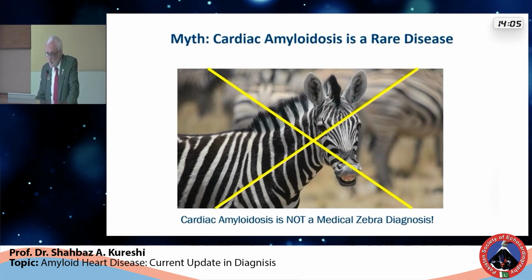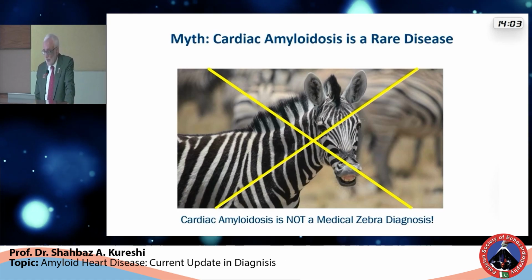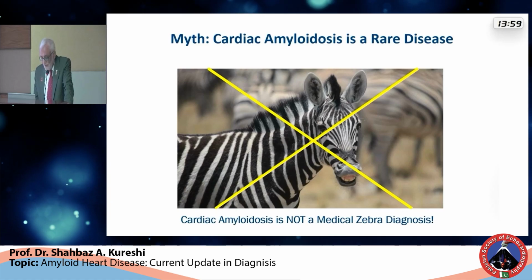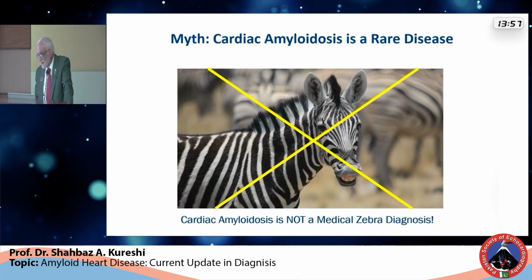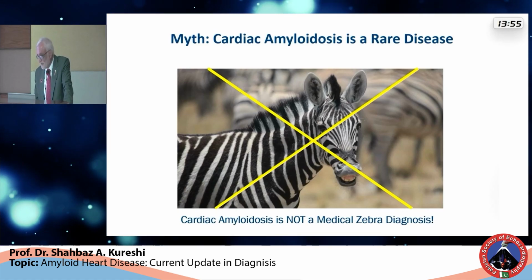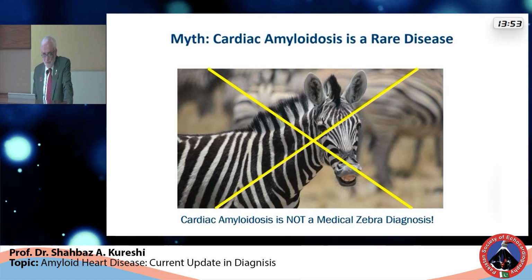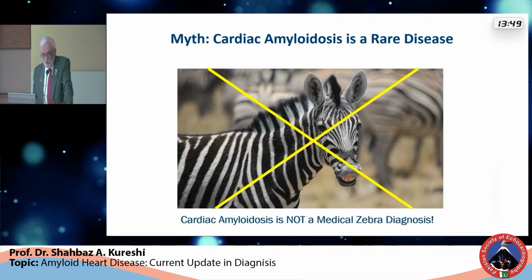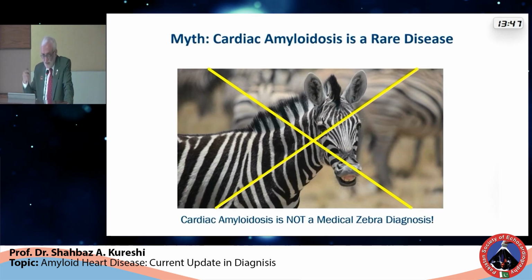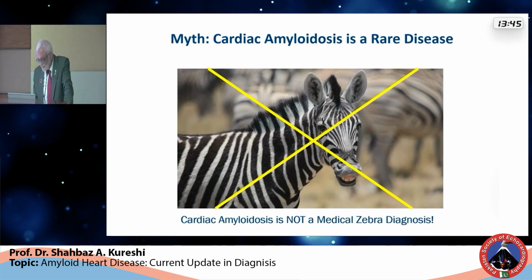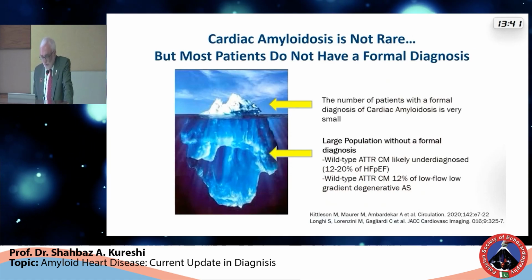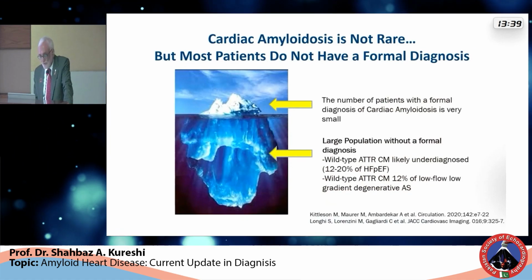Now, it's a myth that amyloidosis is a rare disease. It is no longer a medical zebra diagnosis. It is very common, and we need to have a heightened suspicion about it, and that is how we can recognize it and diagnose it. It is not rare, but most of the patients do not have a formal diagnosis.